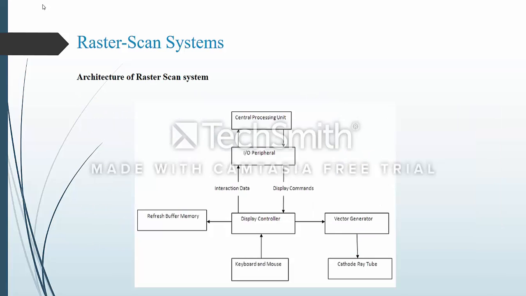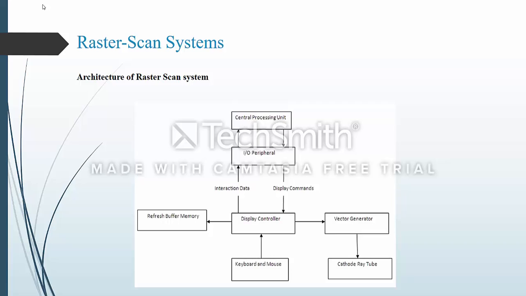This is the architecture of a raster scan system. In a raster scan display, the image which has to be displayed is saved in a binary format, that is zeros and ones, in the refresh buffer memory. Then, a video controller is used to scan each and every line of the refresh buffer memory.